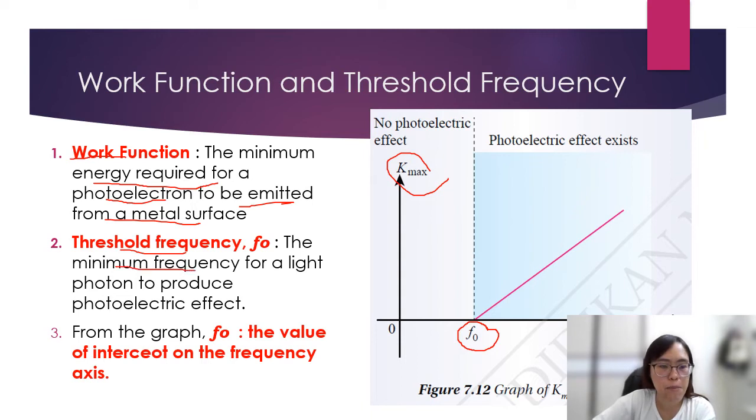It is the minimum energy for the light photon to produce the photoelectric effect. So how to find f0? It is the intercept on the frequency axis.